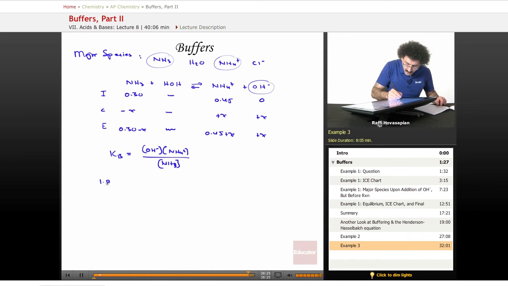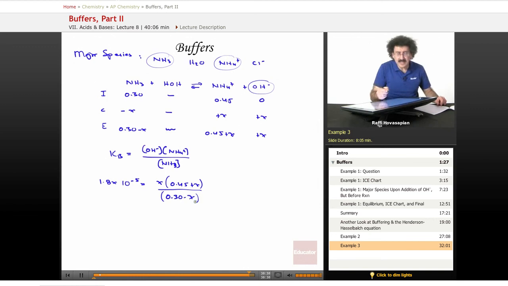You have 1.8 times 10 to the negative 5 equal to x times 0.45 plus x over 0.30 minus x. And again, x is going to be so small because of this common ion effect that you can pretty much ignore it.